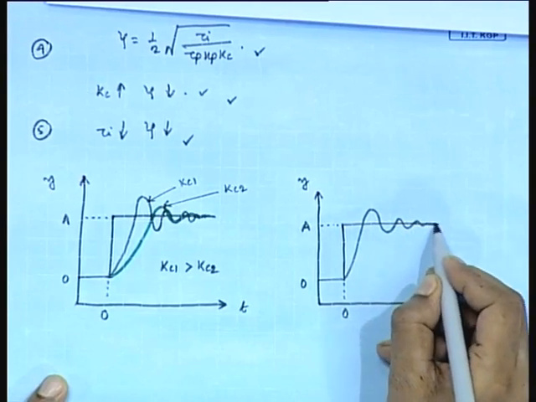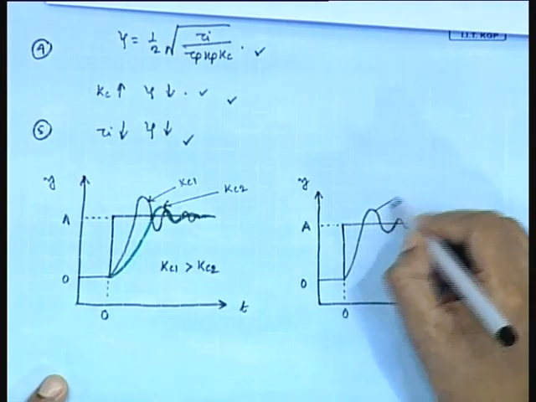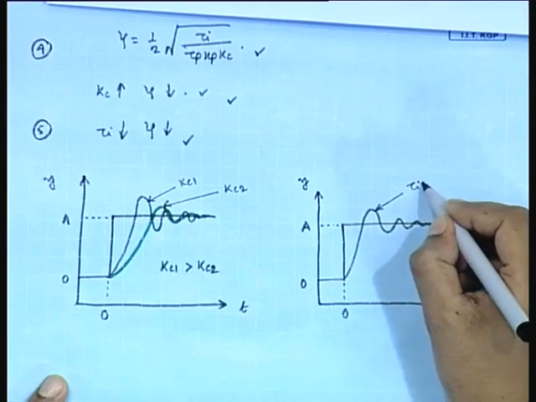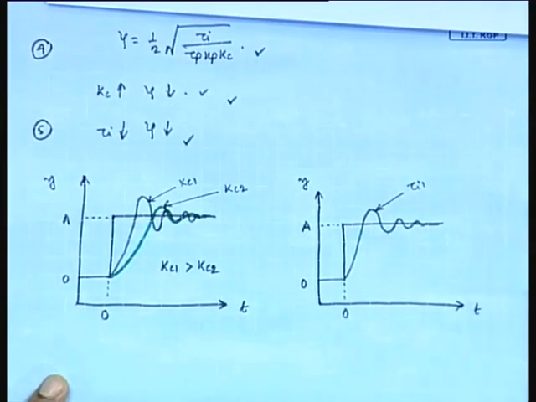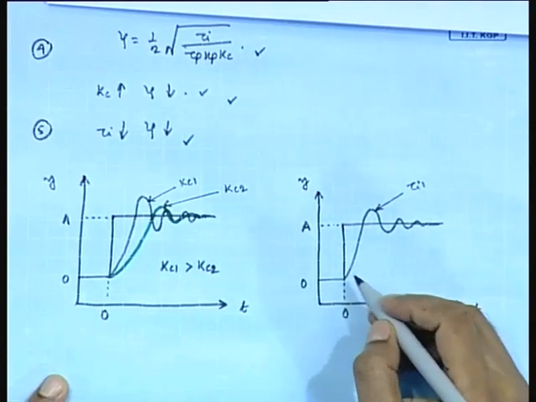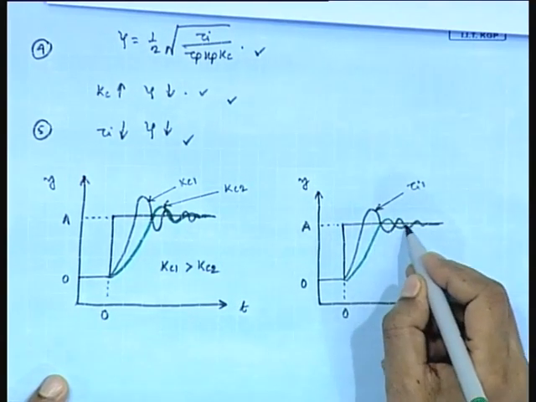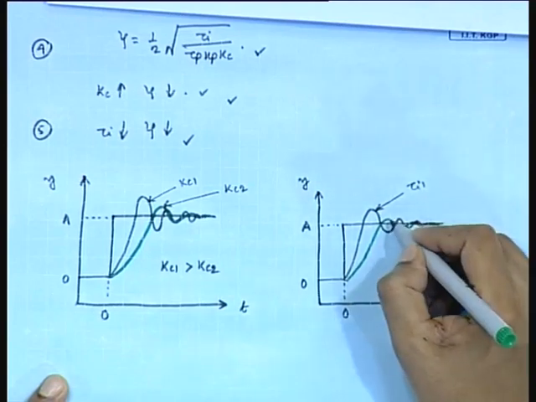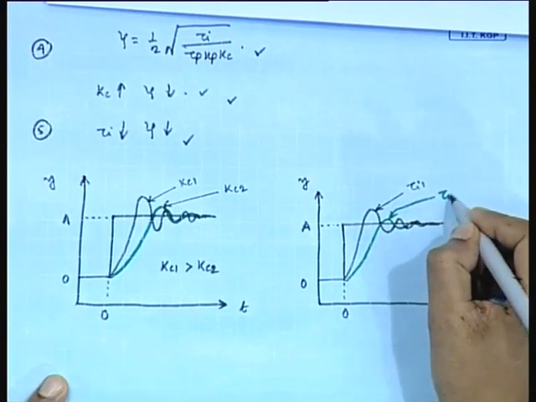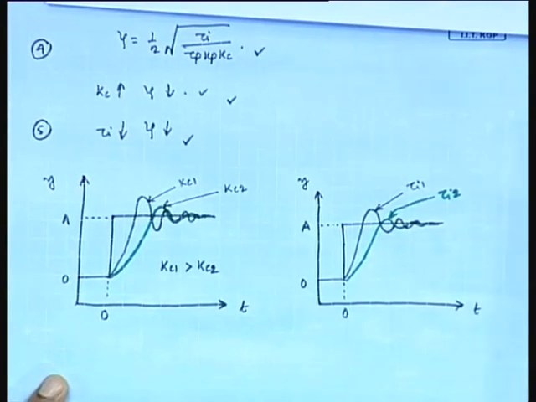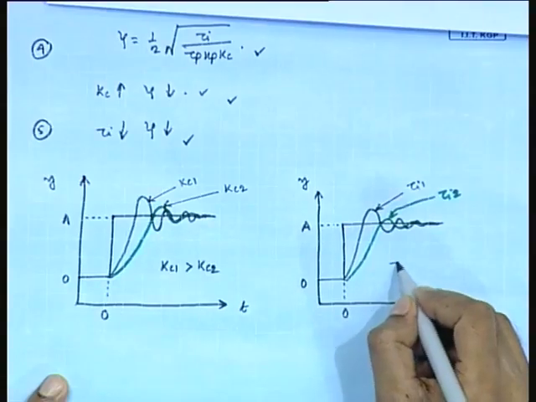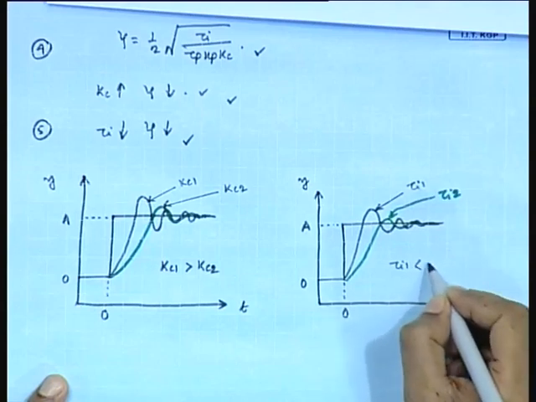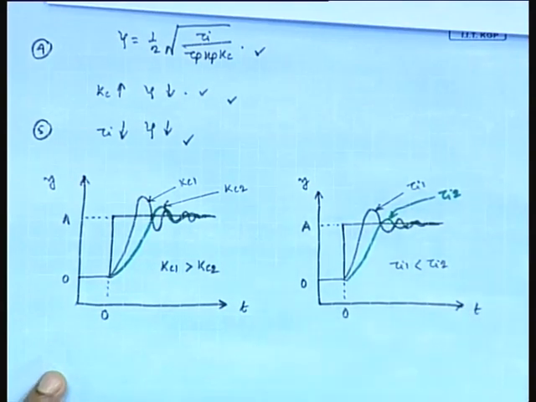Now, this is the closed loop response for a particular tau I value, suppose that is tau I1. Another response we obtain for tau I2. So, which one is larger? Tau I2. That means tau I1 is less than tau I2. Fine.